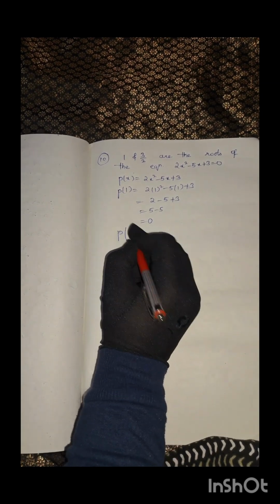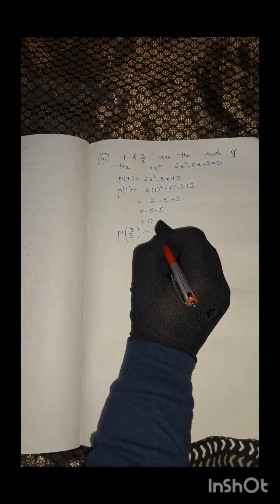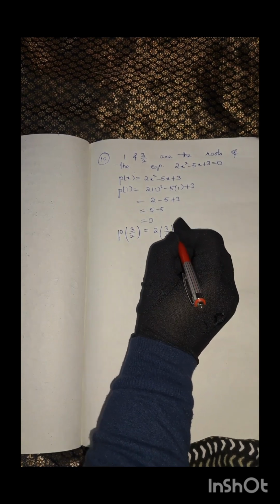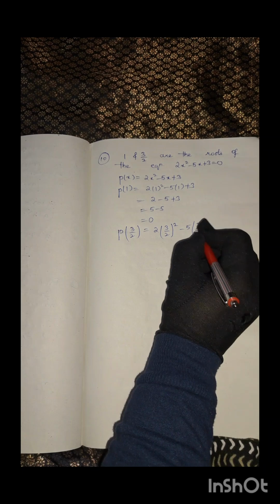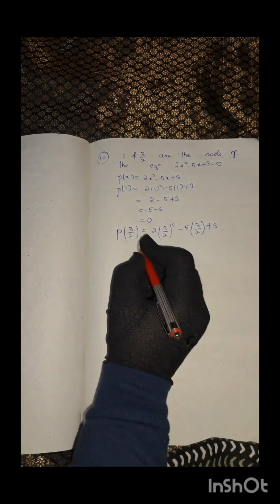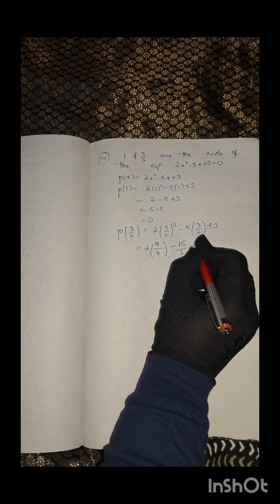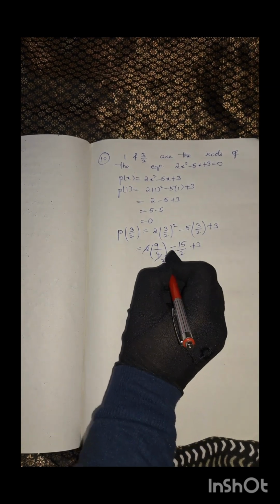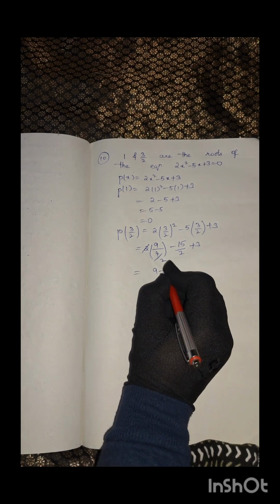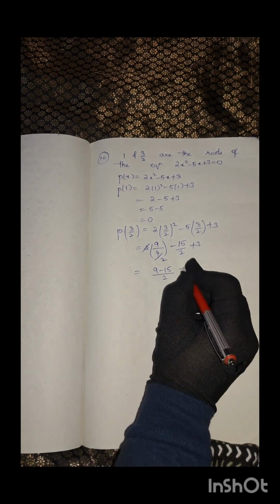Let us check for 3 by 2. So 2 into 3 by 2 whole square minus 5 into 3 by 2 plus 3. So here 2 into 3 threes are 9, 2 twos are 4, minus 5 threes are 15 by 2 plus 3. 2 ones are 2, 2 twos are 4. So 9 by 2 minus 15 by 2 plus 3.